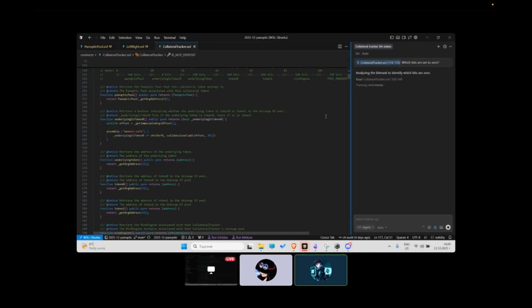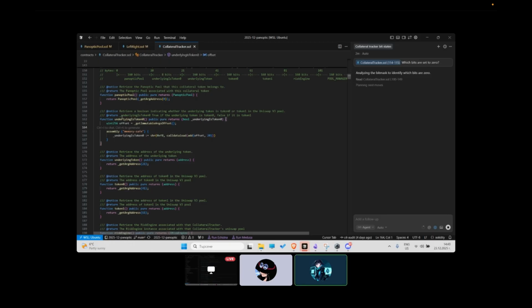So underlying is token 0. What the hell is it? Shift right, calculate load offset 20. Oh, okay, this is from the immutable args. This is how they do this trickery.